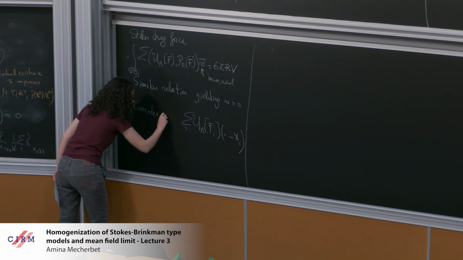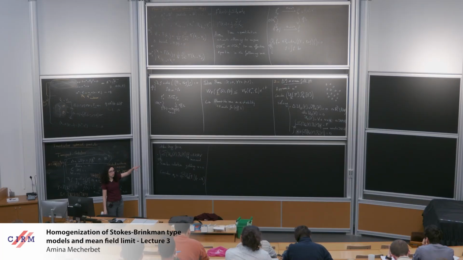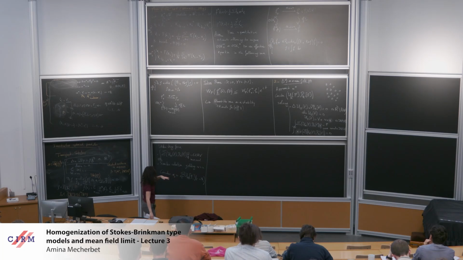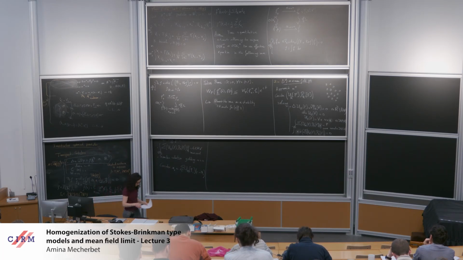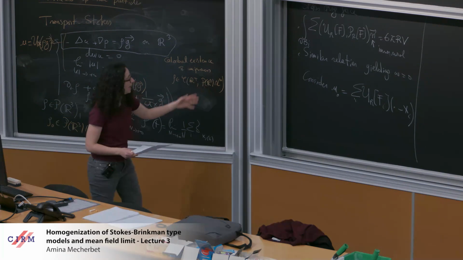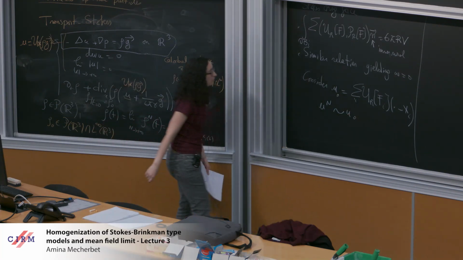And I will call this U0, let's say. So this is the superposition of all these solutions which solve the Stokes equation outside one particle at a time, right? So this is actually an approximation of UN, which is good at some scaling, but I will not really enter more in that in detail. But the idea is that we will approach UN by this guy.